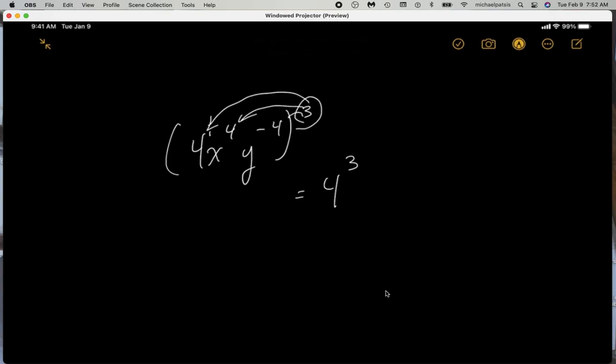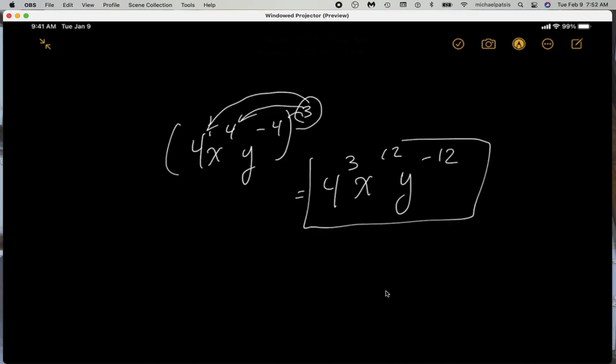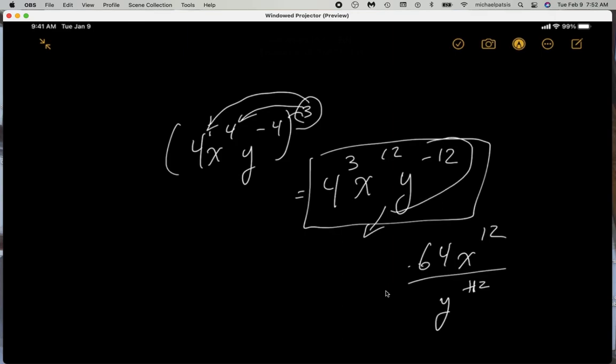You're multiplying 1 by 3. X to the 12th, y to the negative 12th. If you want to clean this up a little bit, what did I do? I took this y to the negative 12th, which was in the numerator, and I threw it into the denominator. In doing so, I crossed the line and I changed the sign.